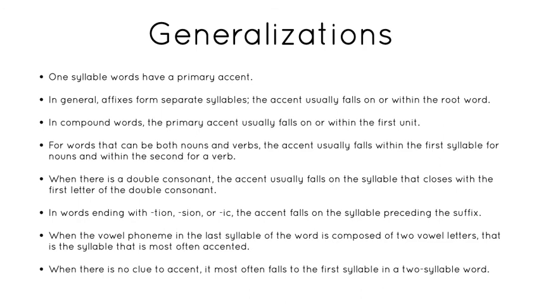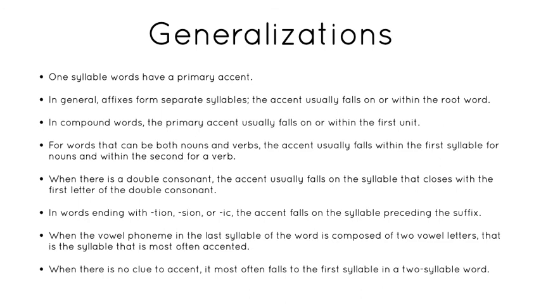When we see a double consonant, not two like consonants, but a double consonant, the accent usually falls on the syllable that closes with the first letter of that double consonant, like in slumber. In words ending with shun, T-I-O-N, shun, S-I-O-N, and ick, the accent falls on the syllable preceding the suffix, partially because of the fact that these contain a schwa sound and a short I sound.